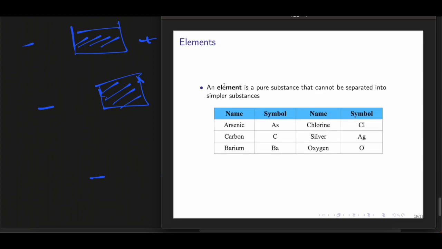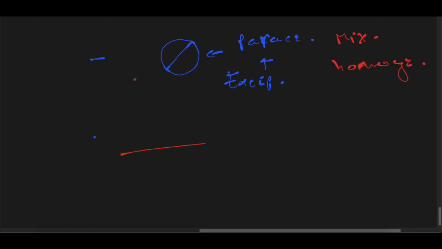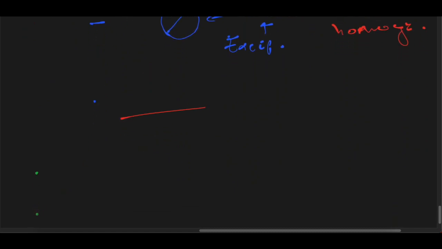Now let's talk about elements and compounds. An element is a pure substance that cannot be separated into simpler substances, and an element is represented by a chemical symbol.